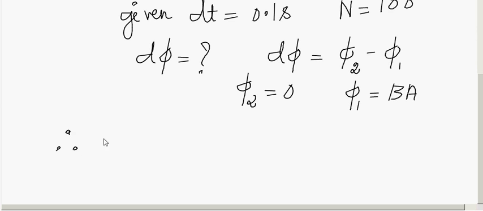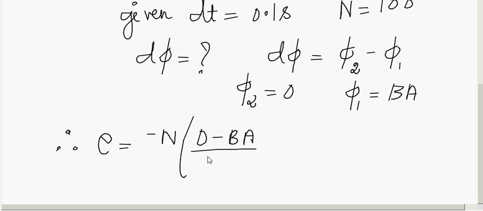Therefore induced EMF E is minus N into d phi by dt, will substitute directly. Phi 2 is 0 minus BA divided by 0.1.